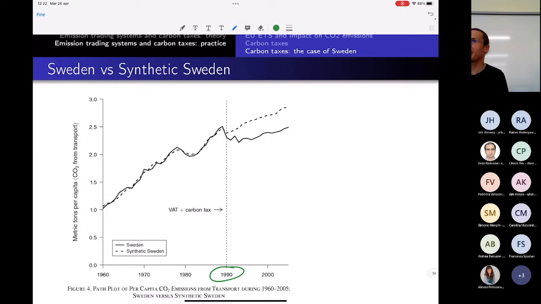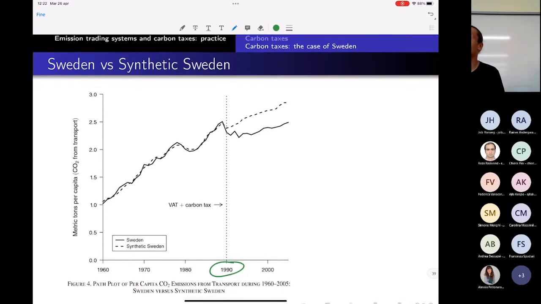Intuitively, the difference should be due to the policy in place in Sweden. And you see here quite a strong reduction in CO2 emissions. These are per capita CO2 emissions.